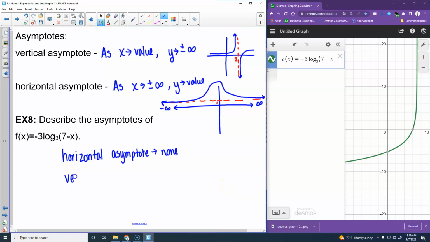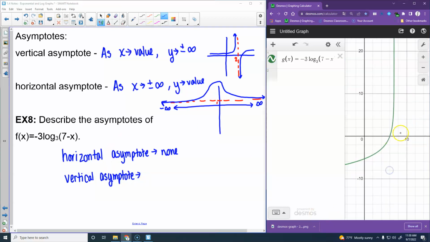Vertical asymptote. For vertical asymptote, what's it look like we got right here? Okay, 7. So that would be vertical lines. What's the equation of a vertical line?